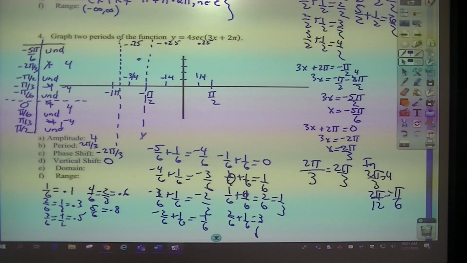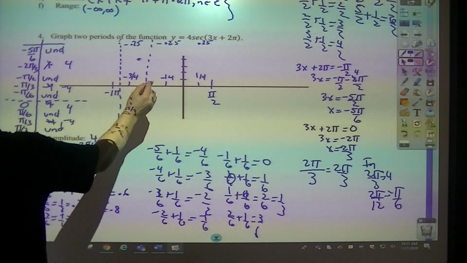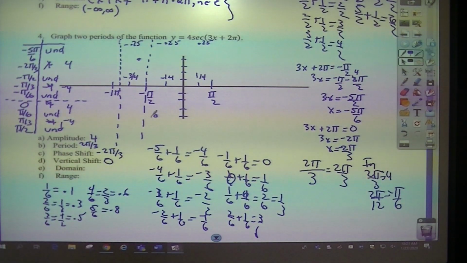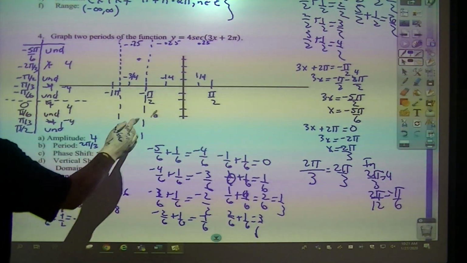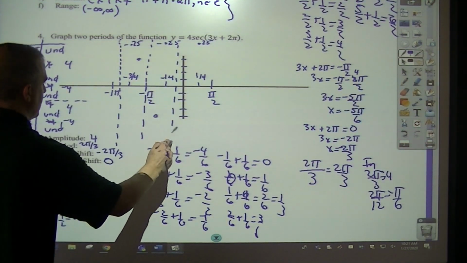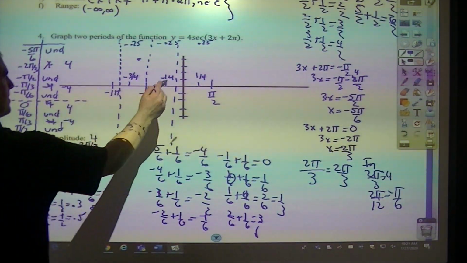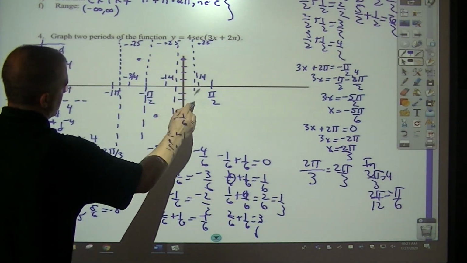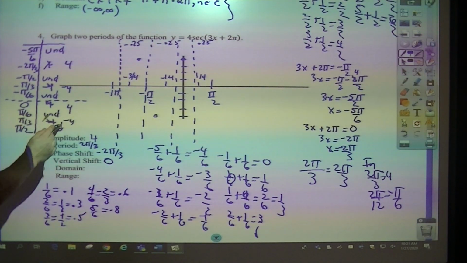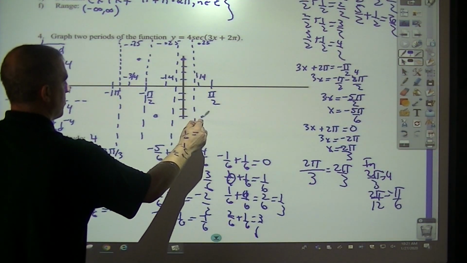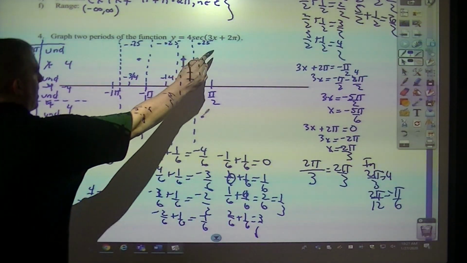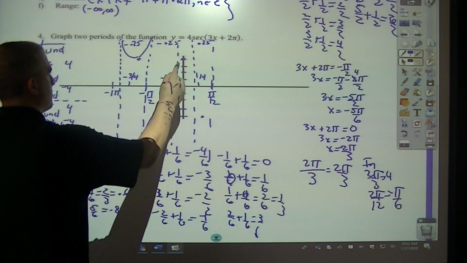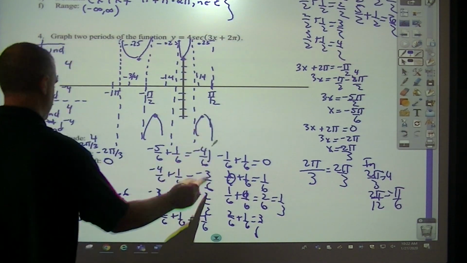At negative pi over 3, which is negative 0.3, on this side here, I'm going to be at negative 4. At negative 1/6, or negative 0.1, I'm going to be undefined. At 0, I'm going to be up at 4. At 1/6, I'm going to be undefined, which would be right there. At 1/3, I'd be at negative 4, which is 0.3, which would be there. And at 1/2, I'm going to be there. So this is what I have.